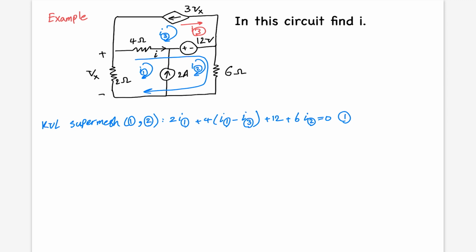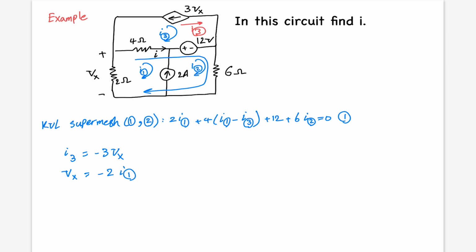So we will have I3 equal to minus 3Vx. We also know that because of this expression that we have written here, the potential difference across this 2 ohm resistor will be equal to minus Vx. So we can say Vx will be equal to minus 2I1.